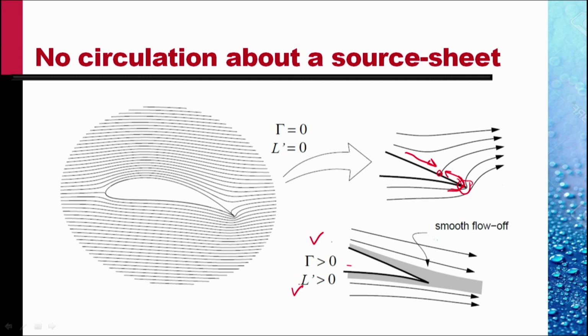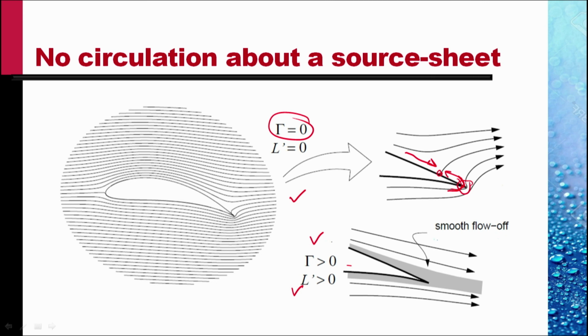The actual physical circulation in a real flow can be predicted by imposing on this solution a vortex strength such that this stagnation point moves to the trailing edge.